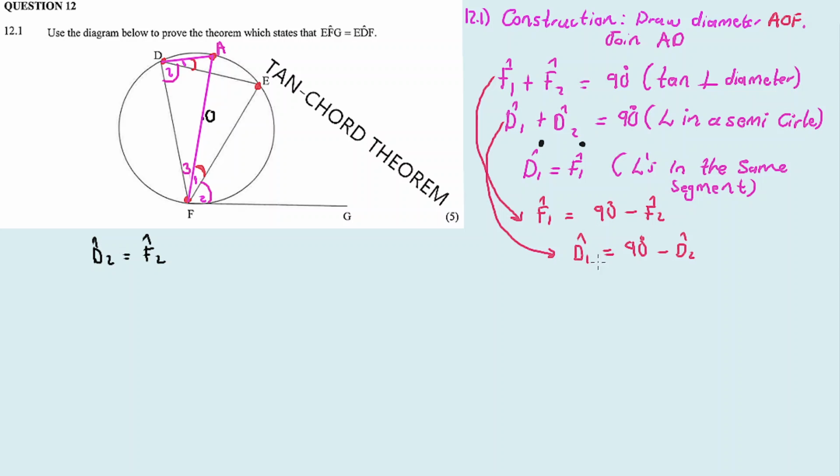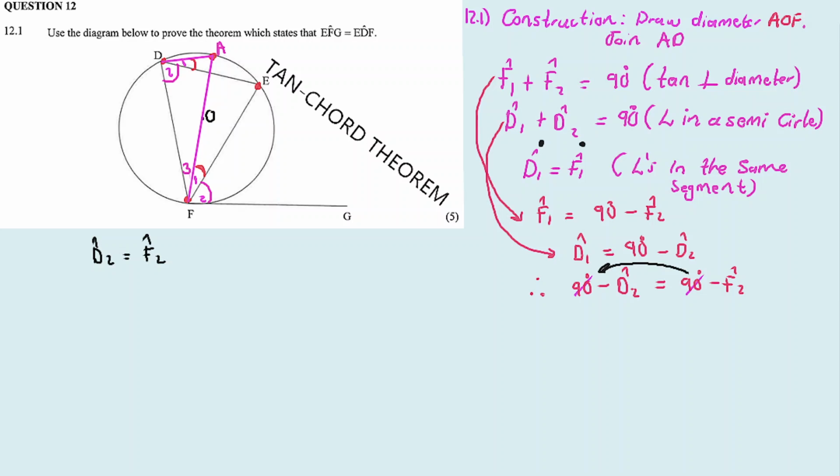Since F1 and D1 are equal, we equate them: F1 is 90 degrees minus F2, and D1 is 90 degrees minus D2. And then the 90 degrees cancel each other out, because when I transpose the 90 degrees to the left-hand side, it becomes negative, and then they cancel, right?